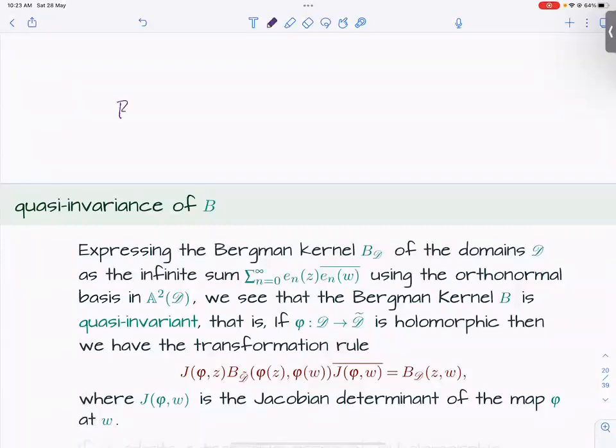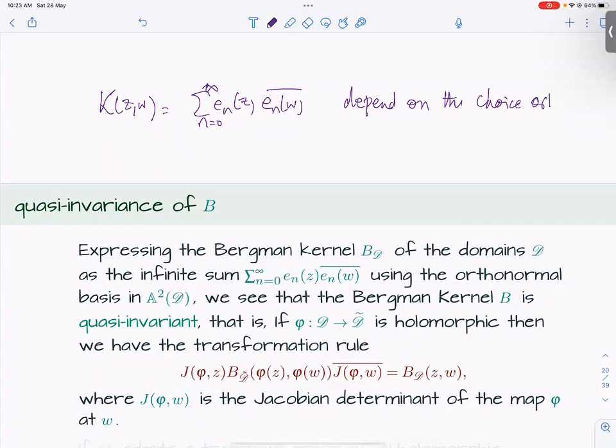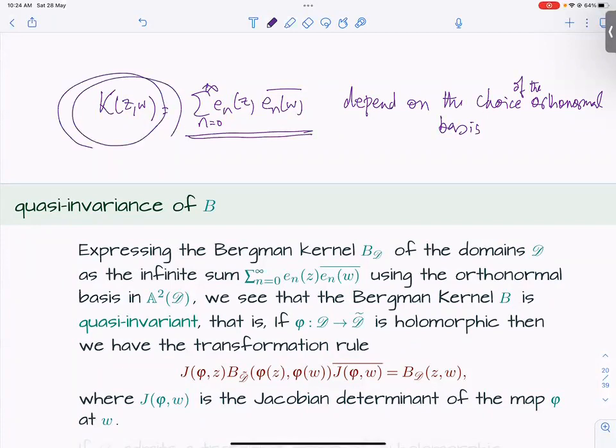When I say that the Bergman kernel, or any other kernel for that matter, is of the form summation En(z) En(w) bar, n equal to 0 to infinity, you might legitimately ask the question: if this expression were to depend on the choice of the orthonormal basis, we would be in real trouble.